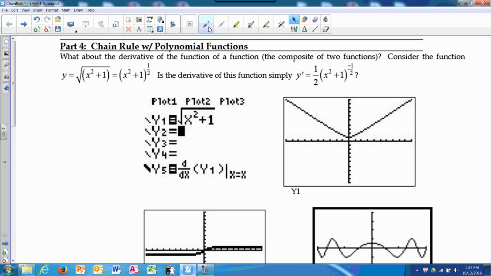Today we're going to talk about the chain rule for polynomial functions. I like to think of this as the blow pop method. You know how you have a sucker or a lollipop, a blow pop, and inside the center of your blow pop there's some gum.